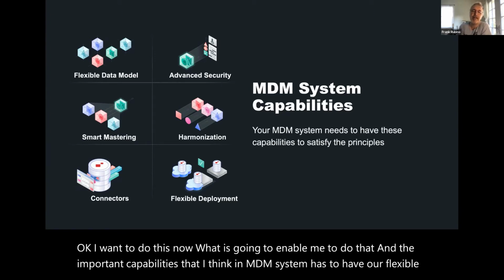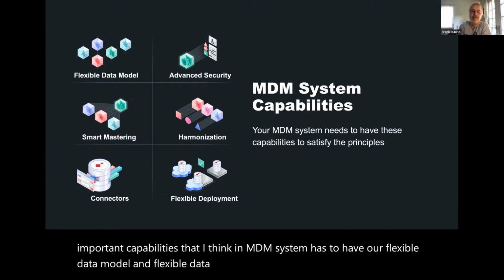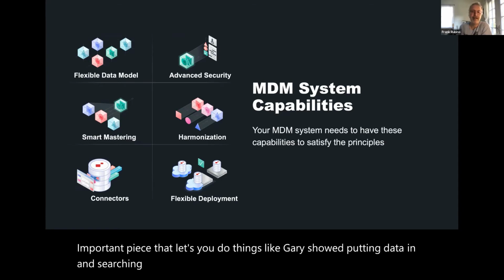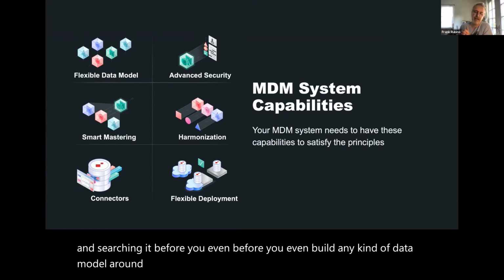A flexible data model lets you do things like Gary showed, putting data in and searching it before you even build any kind of data model around it. And also handling multiple forms of data.